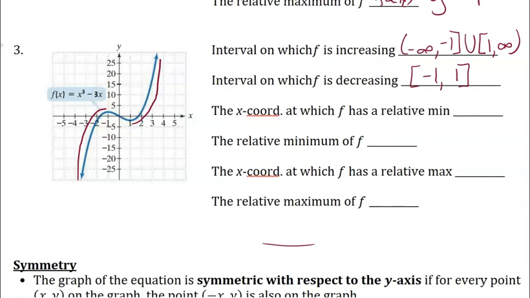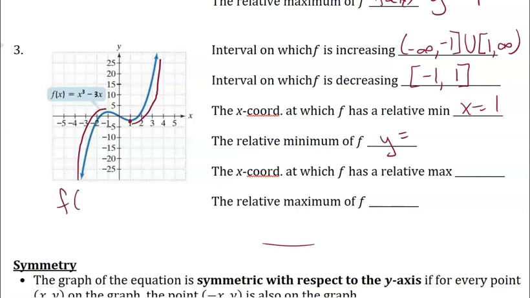X coordinate at which f has a relative min. So we have a relative minimum right here. This point's lower than the points to either side, so at x equals 1. Relative min, so the value of the function would be y equals, what does that look like? Okay, so this is not on an integer value. It kind of looks like -1/2. I'm going to double check by actually just plugging it into the function.